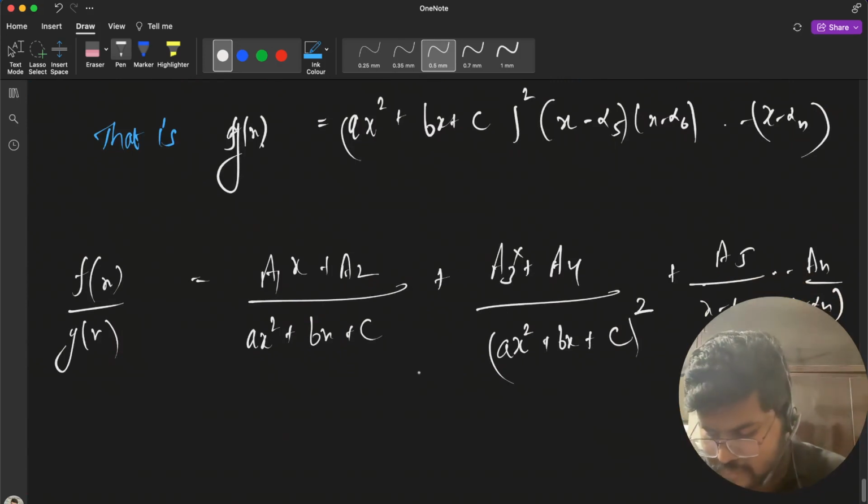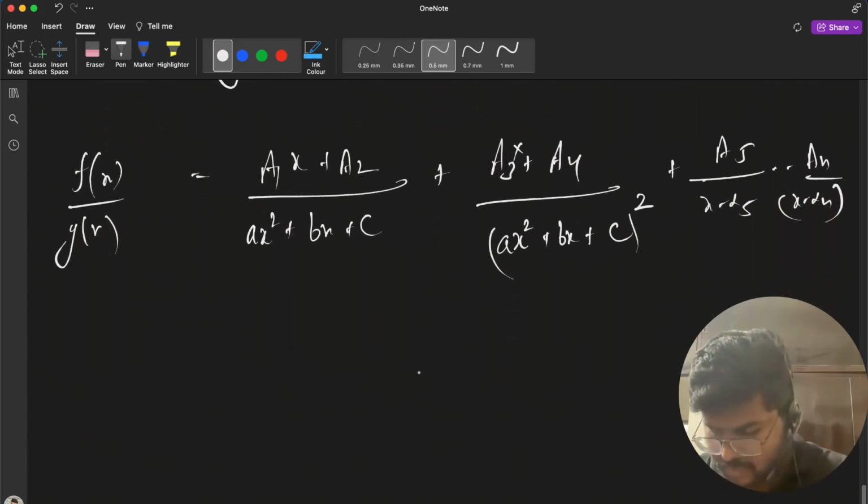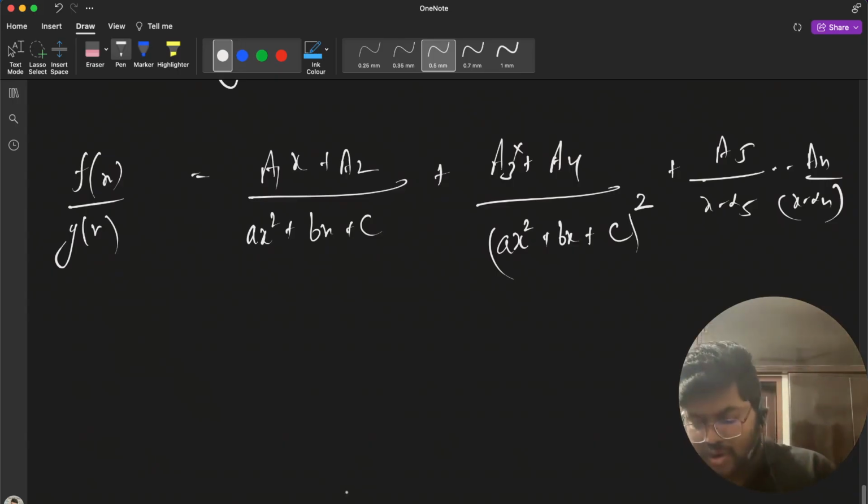Okay, so now corresponding to a repeated linear factor in the denominator, make sure a sum of partial fractions of this form is taken.